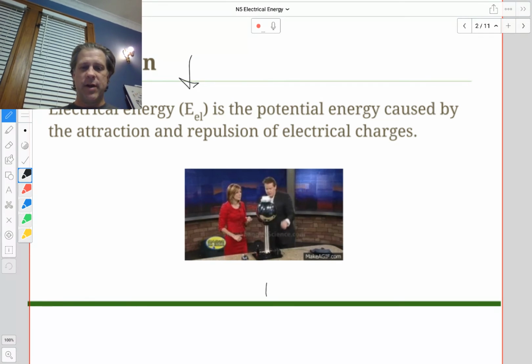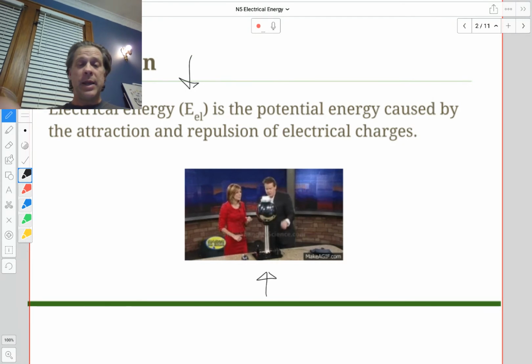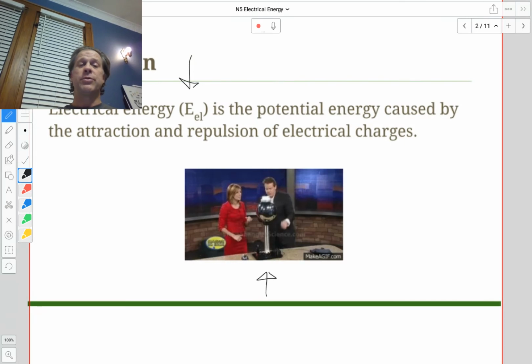This was the Van de Graaff generator, and the guy had turned it on, and he had those tin pie plates on the top of it, and when he turned it on, the tin pie plates kept flying off. So remember, electrical energy is the potential energy caused by the attraction and repulsion of electrical charges, and the Van de Graaff generator is an electron elevator which pulls electrons up to the top and makes it negatively charged.